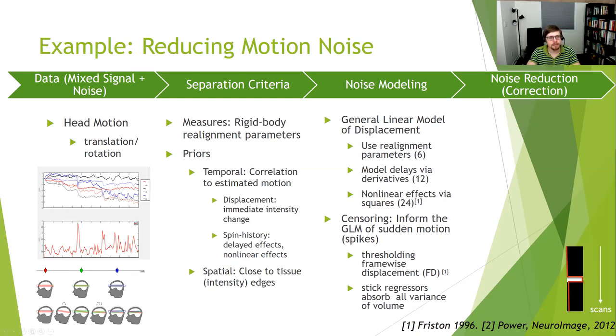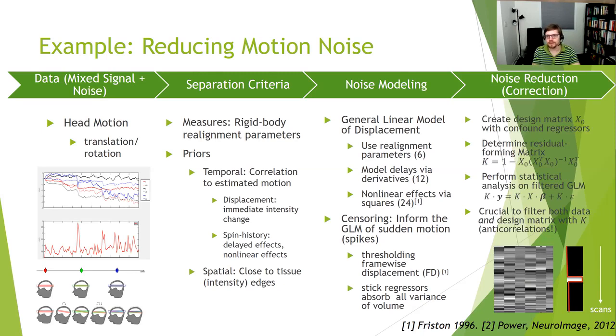So we take the sum of the absolute value differences of these motion parameters, and then we see certain spikes here, and we can basically censor or scrub this volume by creating a stick regressor that is 0 everywhere, but 1 for this volume. So this volume will be completely ignored in the general linear model. Its variance will be removed.